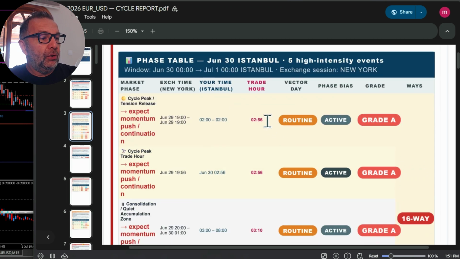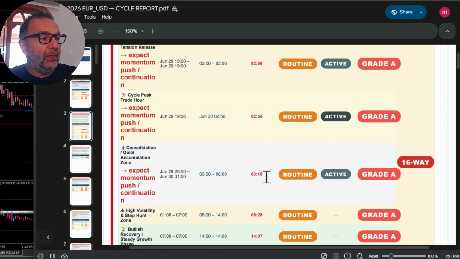We can check. Got 2:56 and 3:10, right? Expect momentum push continuation. You see the red text here? This is already gold, because for that time period, there could be a push in the market. And if I'm at the right price at the right time, I can just get in and do a trade along those hours.